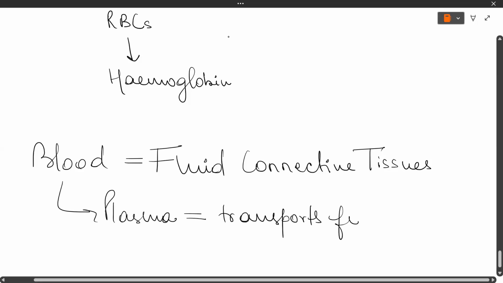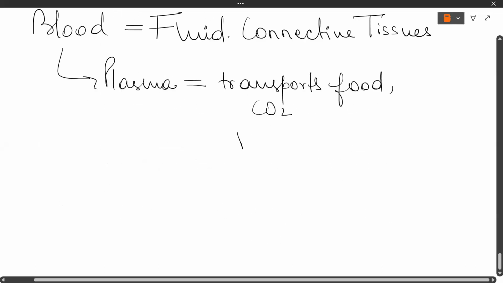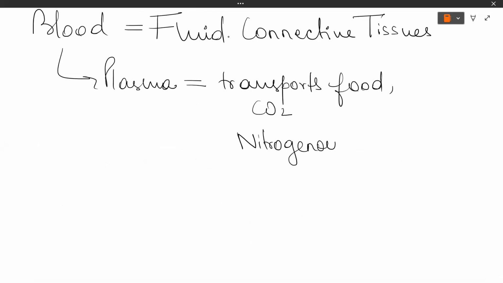The food is transported by the plasma only. Then also the carbon dioxide is transported by the plasma, and along with it, nitrogenous waste. All of these things are transported by the plasma.